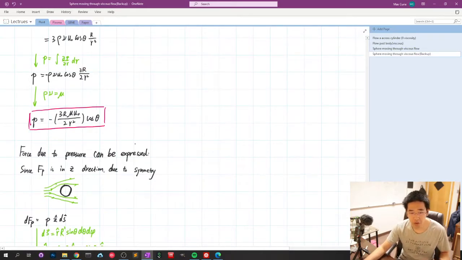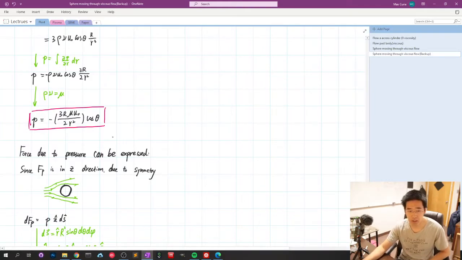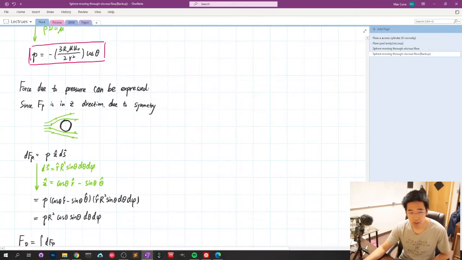We know that it is azimuthally symmetric, so you can intuitively think that the pressure will contribute only in the z direction. So let's see an element of the force due to the pressure.